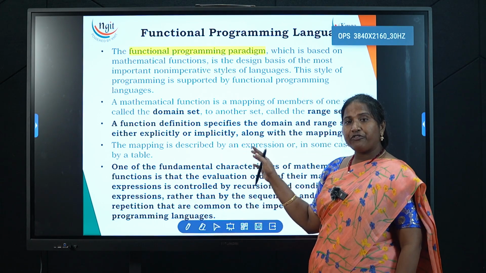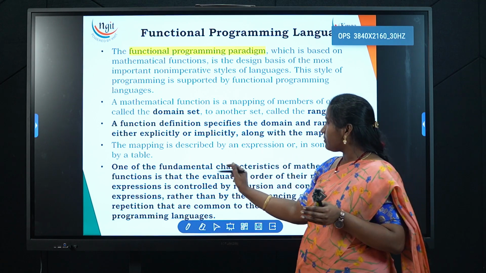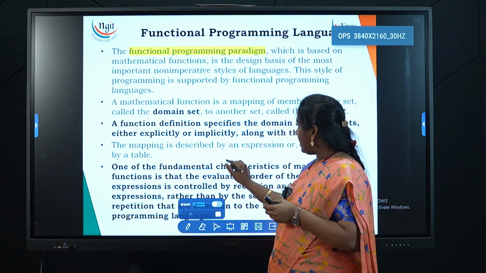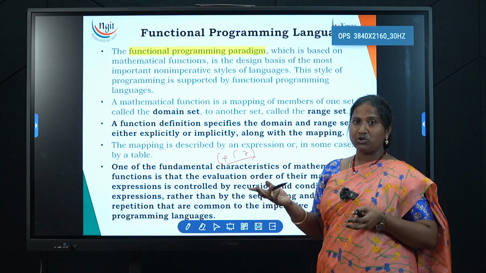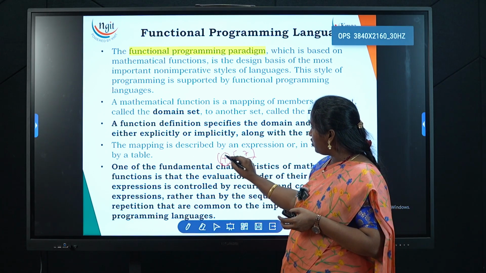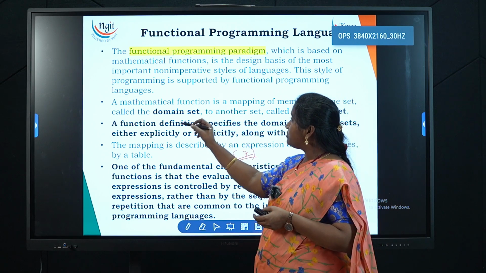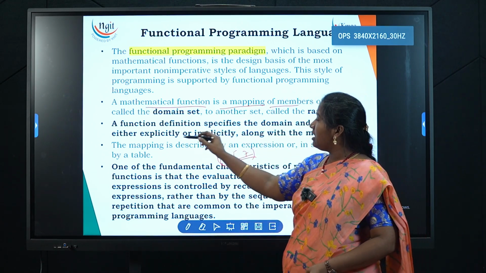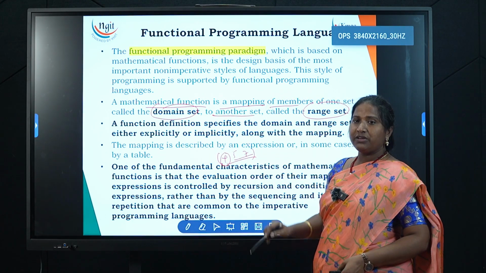Now, from this you can have 2 kinds of things, correct? Let's write about the same. When I write plus 5, 7, you can notice 2 things over here. The first is the domain set, the second is the range set. A mathematical function is a mapping of members of one set, called the domain set, to another set, called the range set.